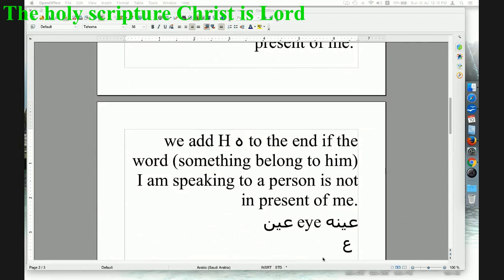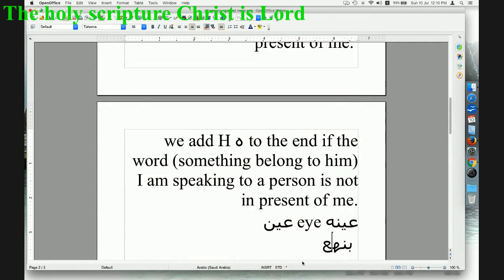In the case of female, we say عينها. What happened? In the case of female, we did not add the same ha at the end, plain as it is for male. Here it's different. For the case of female, we add the letter ha and alif.